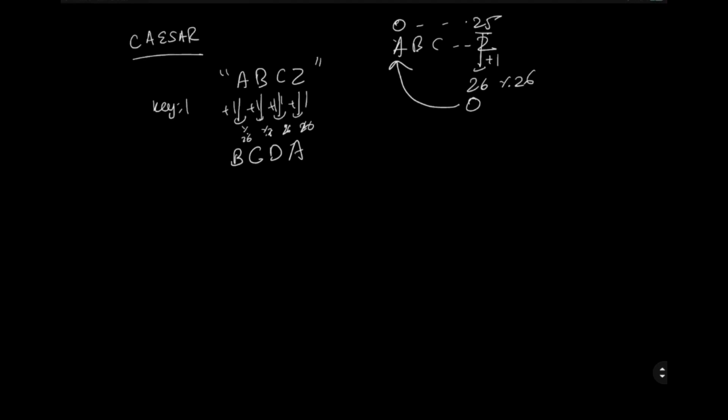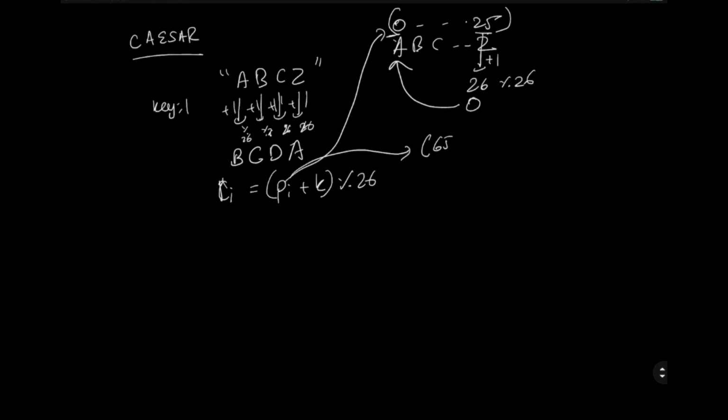Okay, so this formula: the ith ciphertext is the ith plaintext plus key, mod 26. This only works when the plaintext ranges from 0 to 25, but in reality, the plaintext is somewhere ranging from 65 to something like 65 plus 25.